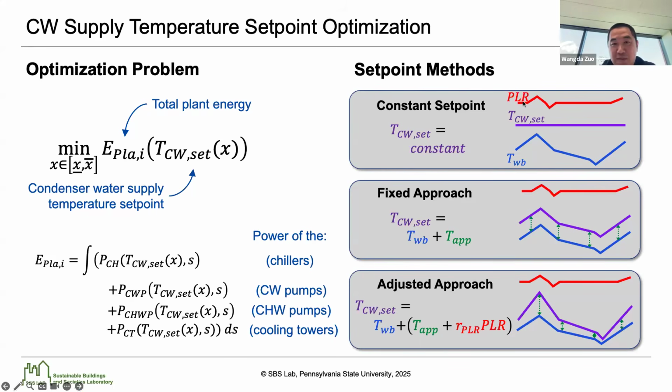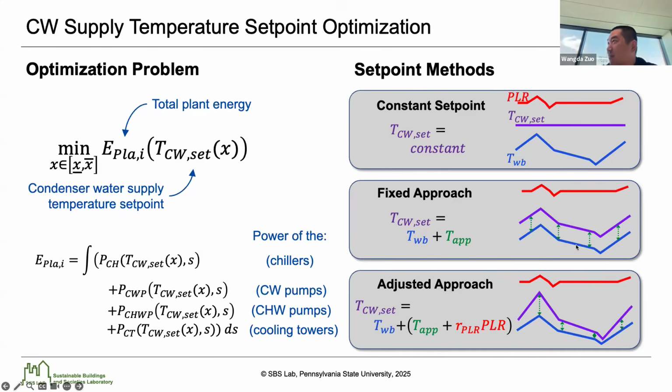Okay, so if you look at this curve, this is PLR, part load ratio, right? We know it's changing, depending on the demands. And then another one is variable temperature that significantly impacts the performance of my cooling tower. And a lot of times people just set it constant. And then the opportunity is that, instead of doing the fixed approach, why don't I just keep the difference between my condenser water temperature set point and the variable temperature constant, right?